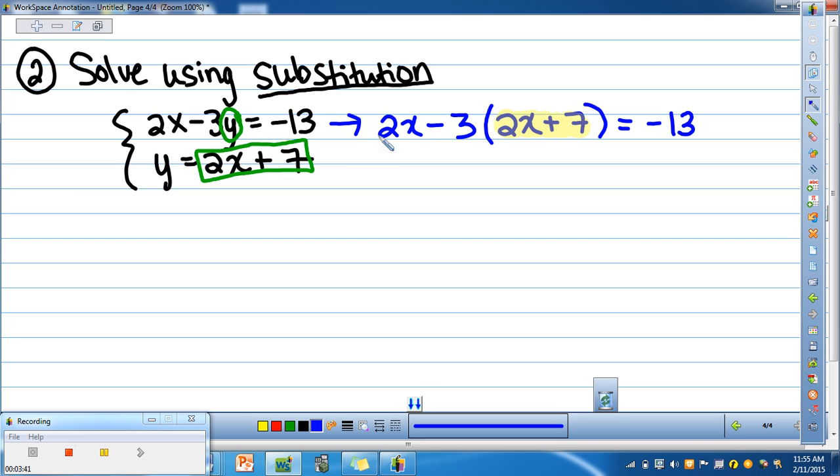Notice how now we have an equation that's only in one variable. x is the only variable here, so this is going to allow us to solve our equation for x. We're going to continue solving like we normally would, so we're going to go ahead and distribute that -3 into our parentheses.